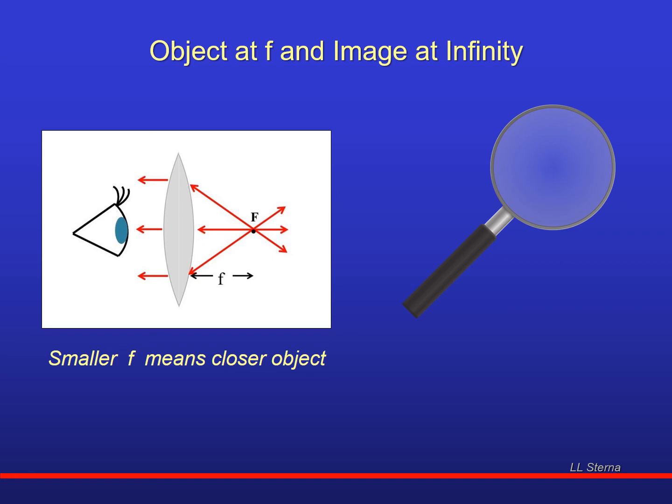The key to the magnification, the smaller the focal length, lowercase f, the closer and closer that thing gets to the lens. You put the lens close to your eye, the larger and larger that angle where the image enters your eye. So let's do a quick example.